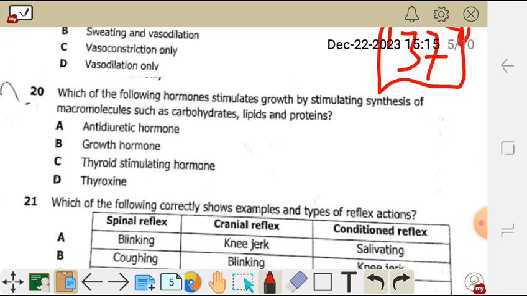So the one which stimulates synthesis of macromolecules such as carbohydrates, lipids, and proteins is the growth hormone. So the correct answer here is B.